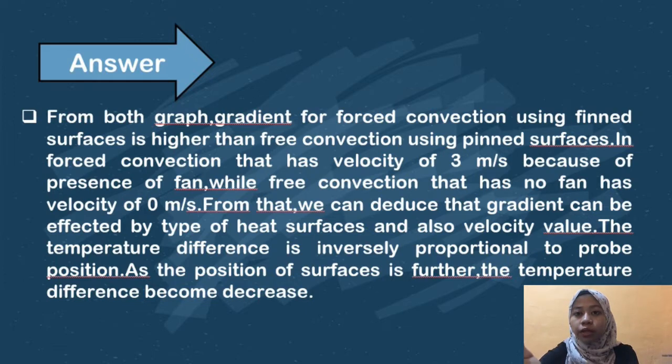From that, we can deduce that gradient can be affected by type of heat surface and also velocity value. The temperature difference is inversely proportional to probe position. As the position on the surface is further, the temperature difference decreases.